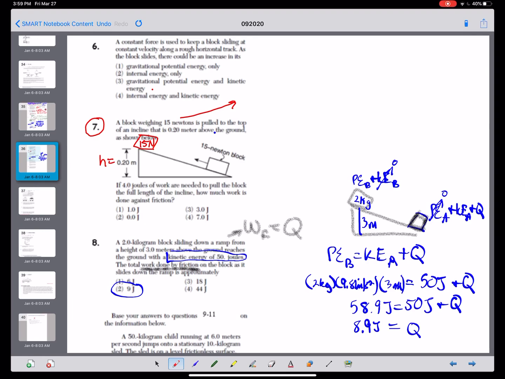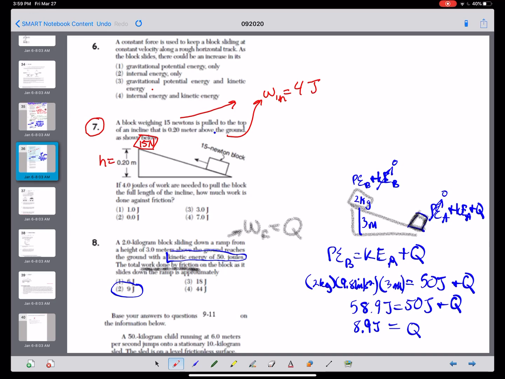Okay, so here's what's going on. Do you remember how in the past we had work in equals work out plus work due to friction? Well, it's a variation on that. And if you want to do this in pieces, you can. Work in, right? Because it says 4 joules are required to pull the block. So work in is 4 joules.